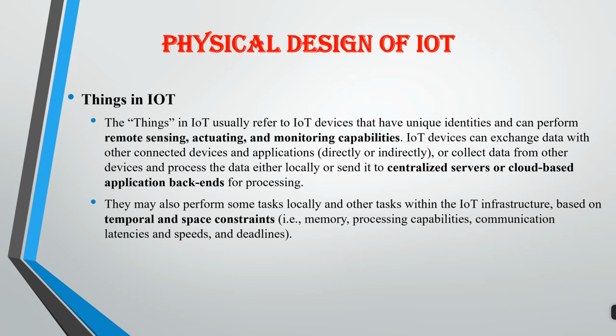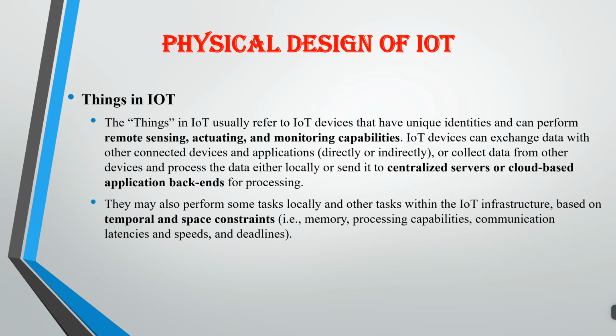So it could be a direct connection or indirect data. And you can process the data with your local machines, with your local network, or with the help of centralized servers.